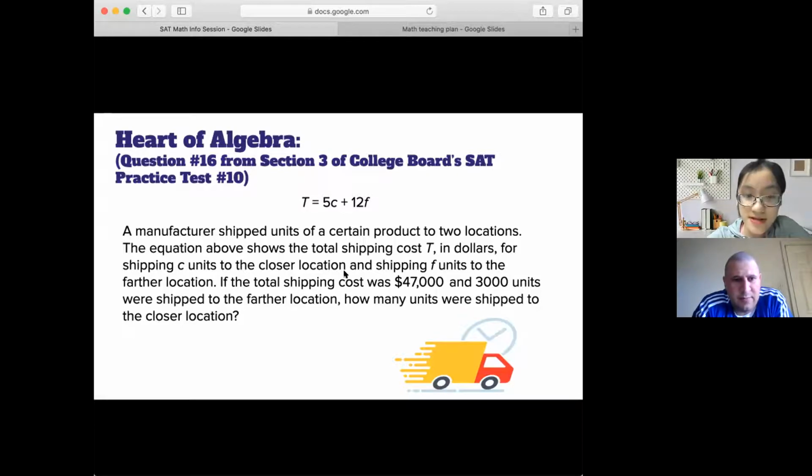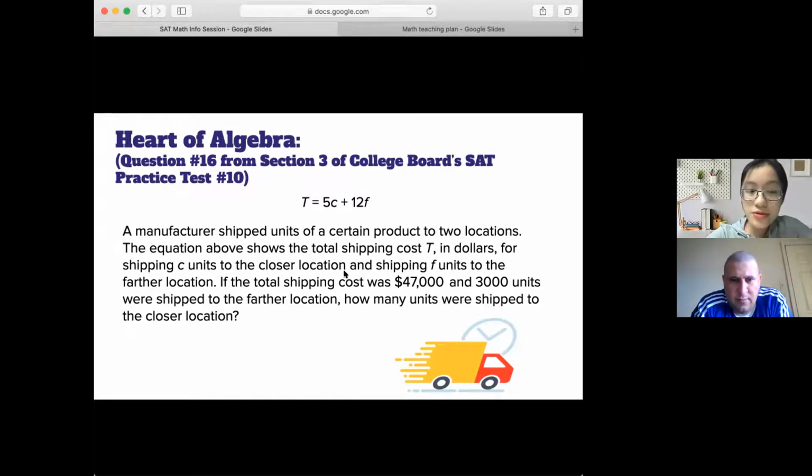The equation T equals 5C plus 12F shows the total shipping cost T in dollars for shipping C units to the closer location and shipping F units to the farther location. If the total shipping cost was $47,000 and 3,000 units were shipped to the farther location, how many units were shipped to the closer location?